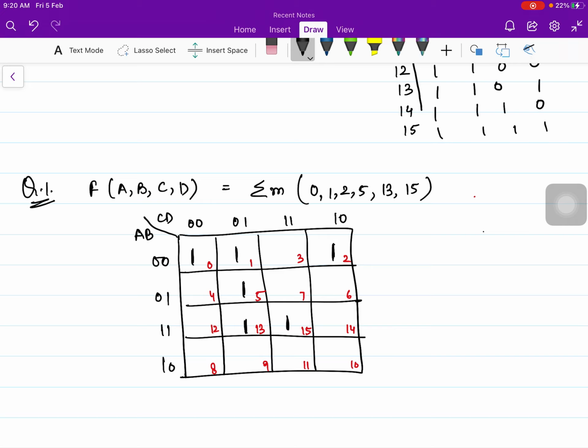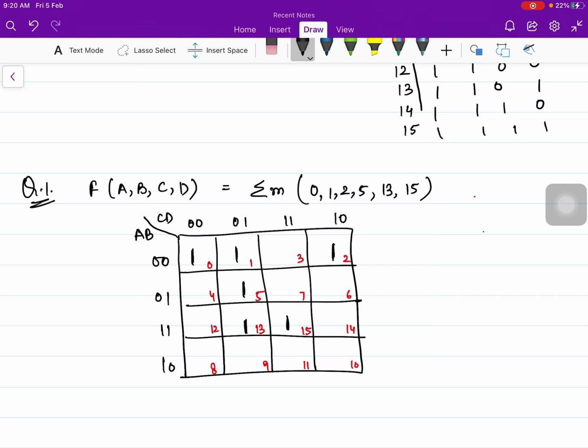Okay. So we have to search for the biggest group, as was our strategy in the previous lectures also. The biggest group possible here is 2 raised to the power 4, that is 16. But for that we must have at least 16 ones, which is not the case.